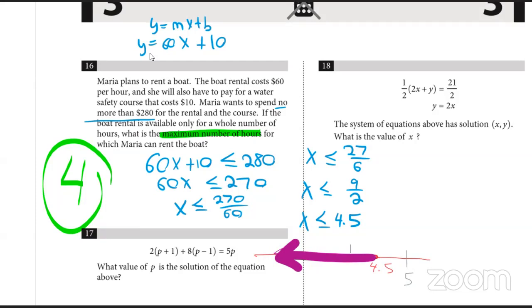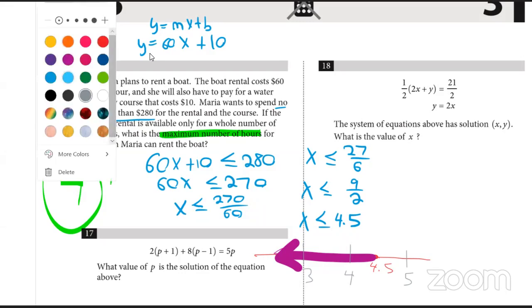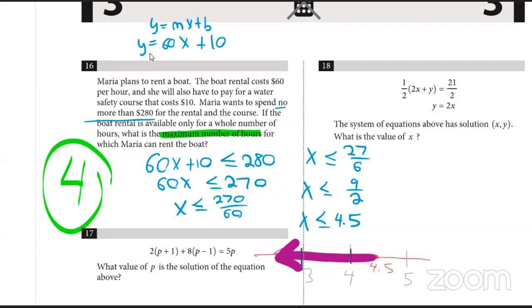Maybe 5, 4, 3, and so on. So what's the maximum integer number that fits on this number line on the solution that we have here? The maximum integer number is 4, right around here. Definitely not 5.